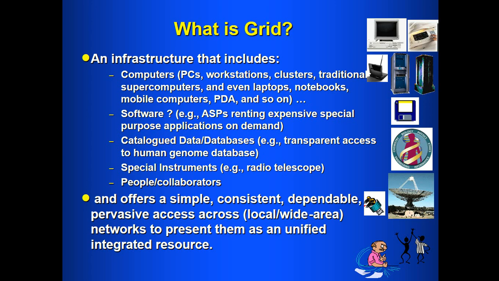Different types of software are provided by grid, e.g. ASPs run an expensive special purpose application on demand, and a special software that is catalog data or database, e.g. transparent access to the human genome database.